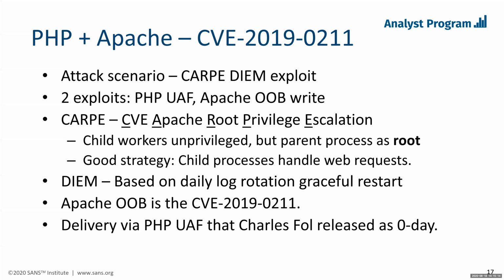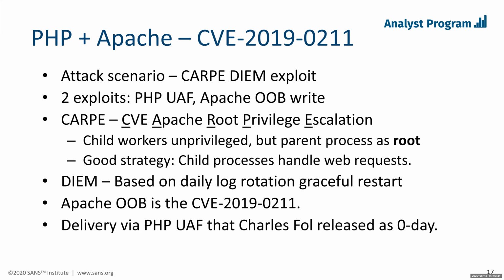The other one was what is called CARPE DIEM and has the name CVE. This is essentially an Apache out of bounds read where the root process takes data from a child process, which has been modified, and ends up sending direction to the parent process, which causes the parent process to perform an operation that it shouldn't perform.